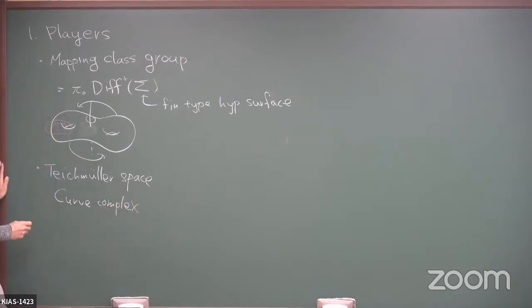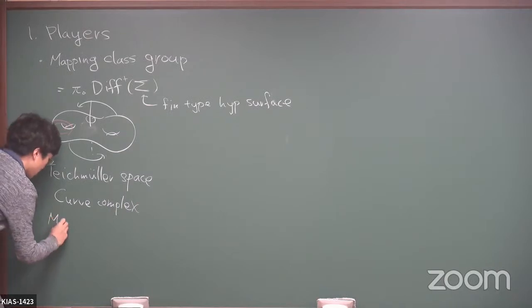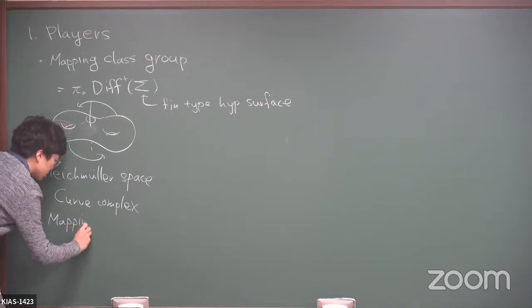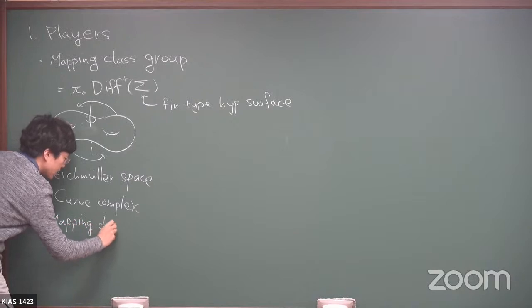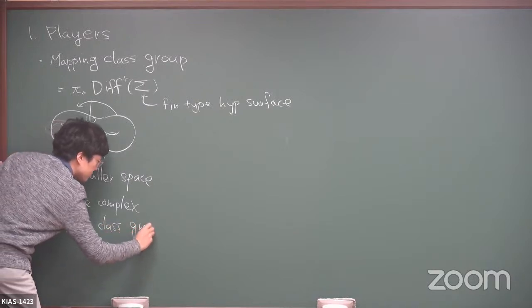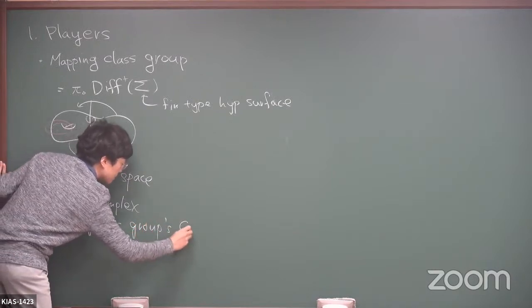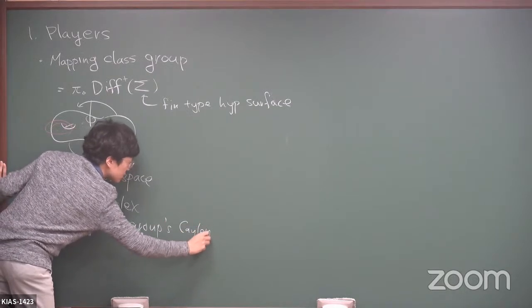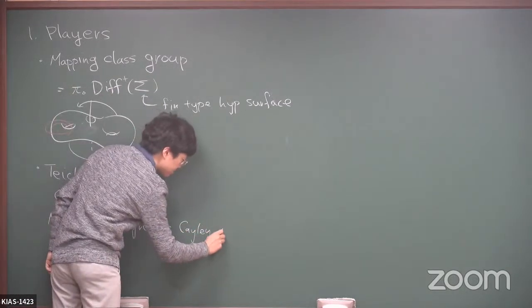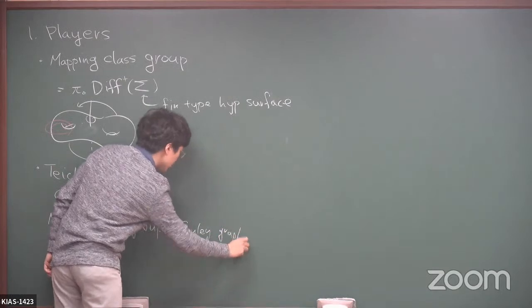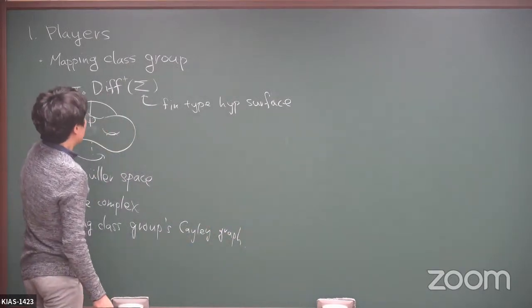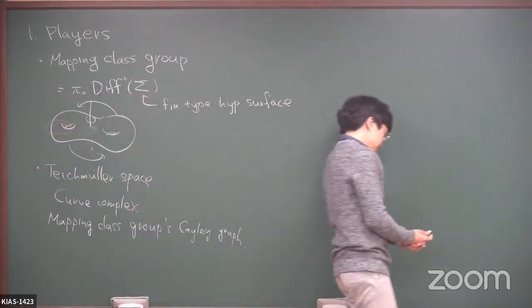And finally, I will also describe the geometry of the mapping class group itself, more precisely, its Cayley graph. Okay, so these are the players.